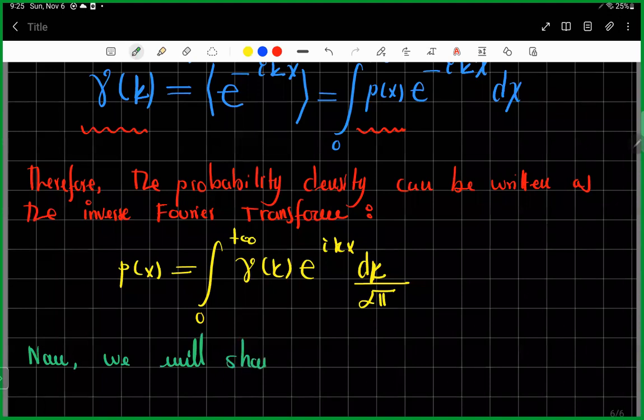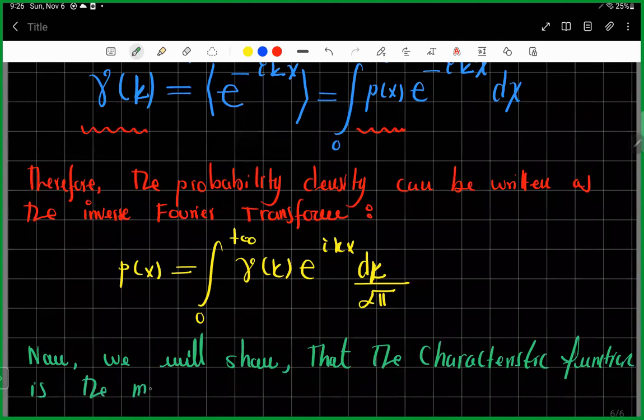We will show that the characteristic function is the moment generating function.